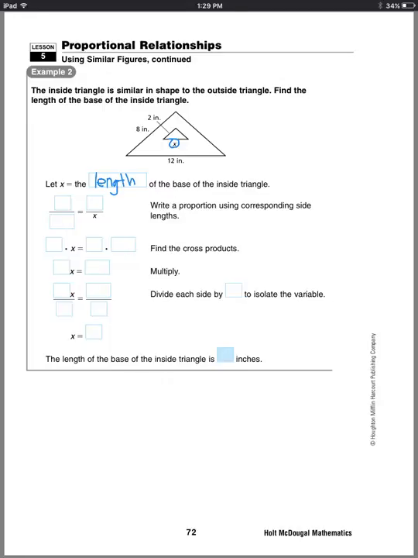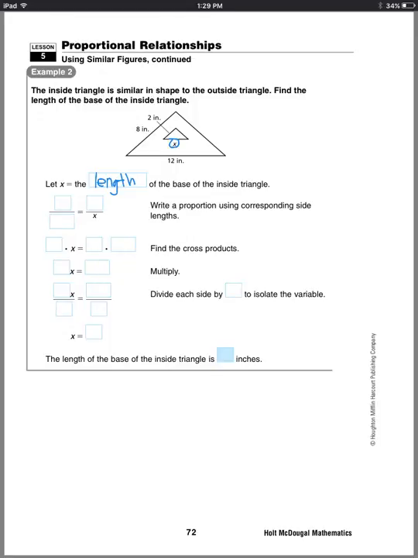We're going to take corresponding sides, and because they already have the x there, this is the little triangle, the x, the first denominator also has to be a little triangle. You have to keep your little triangles in the same place, either in the numerators together or the denominators together, and your big triangles in the opposite.